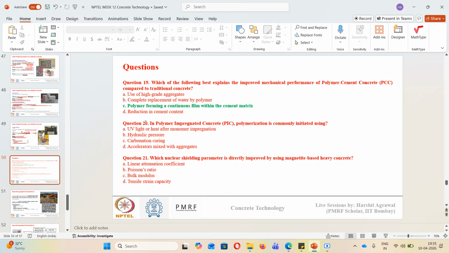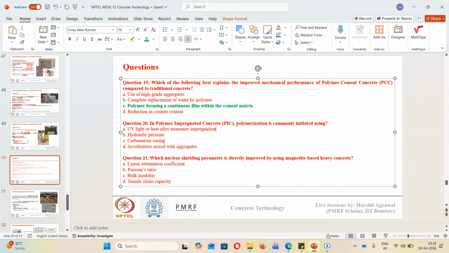In a polymer impregnated concrete, polymerization is commonly initiated using... So what happens? We inject the polymer inside the concrete and then we need to polymerize it, such that the polymer expands and fills the cracks. That expansion, or increasing the activity of the polymer, is known as polymerization: linking of polymers together so that they can fill the entire crack.